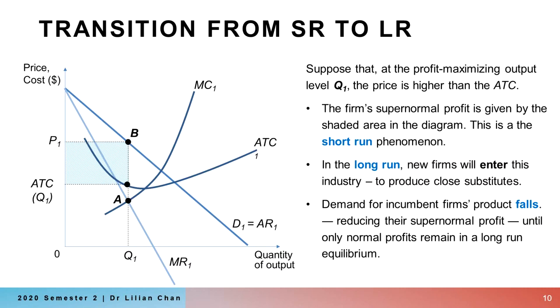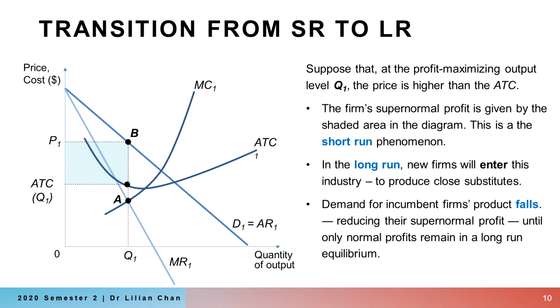And for the same customer base, now that they have more to choose from, some of the customers of this firm could go and try out the new product, and therefore, when more firms enter the industry, demand for these incumbent firms' products tends to fall, and that would shift the demand curve and its MR curve together inwards, right?